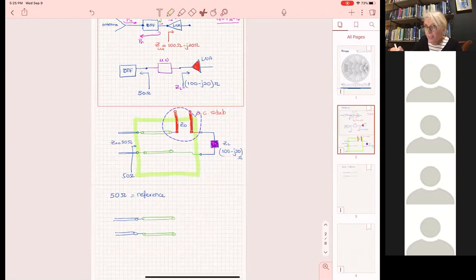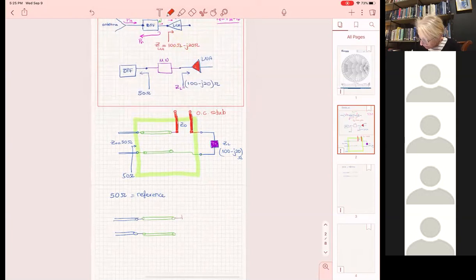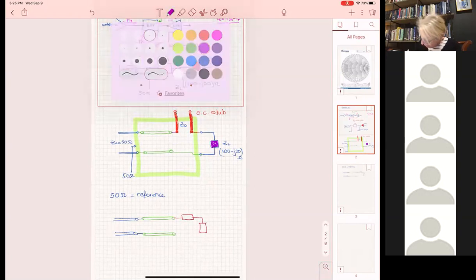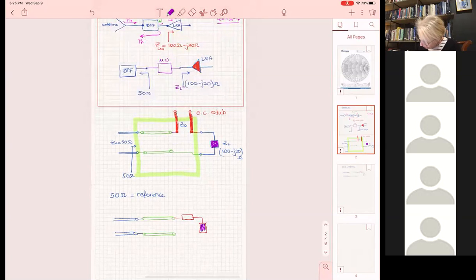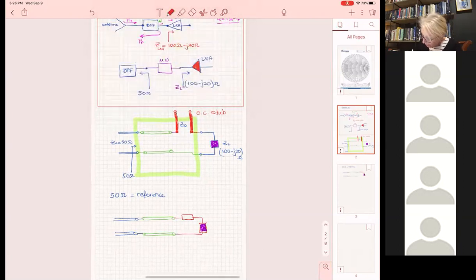It is going to give me a series reactance that I draw like this. Okay, and then this is going to go to the load, which is still there, the same. And then it's going to come out here. All right, so this is going to be jX.